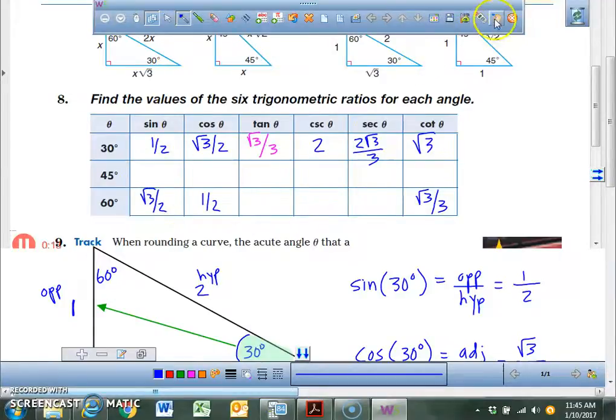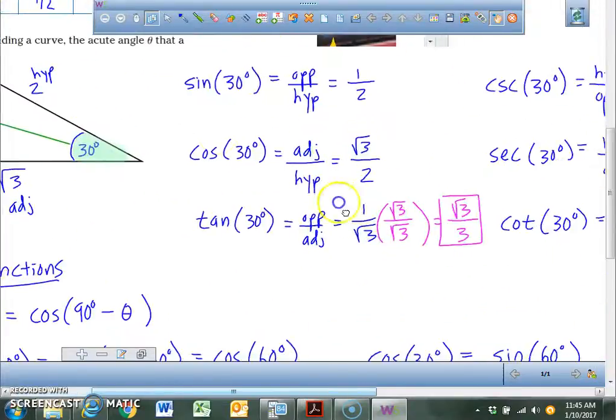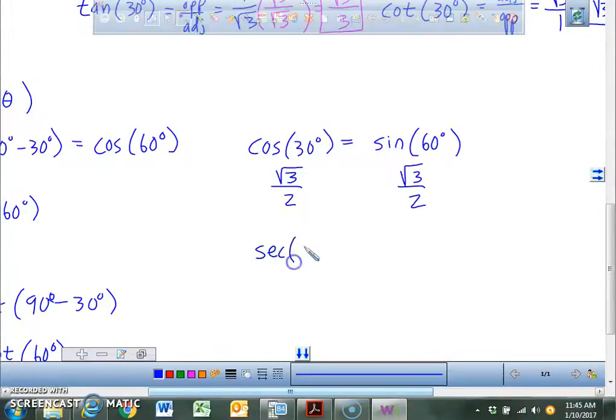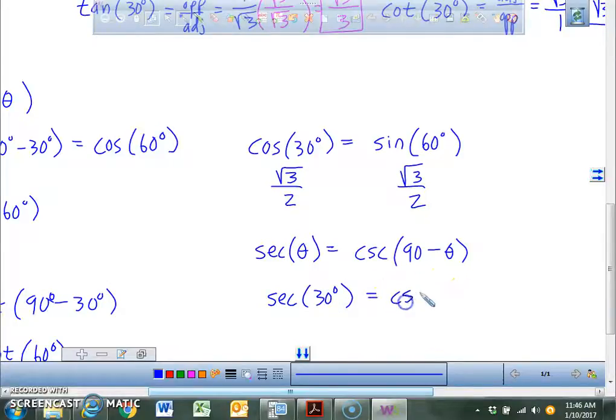Now the only one that we haven't done, I believe, is secant, which goes with cosecant. So let's go one more real quick. If I say the secant of theta, that equals the cosecant of 90 minus theta. So the secant of 30 degrees is going to equal the cosecant of 60. See how they're always complementary to each other?